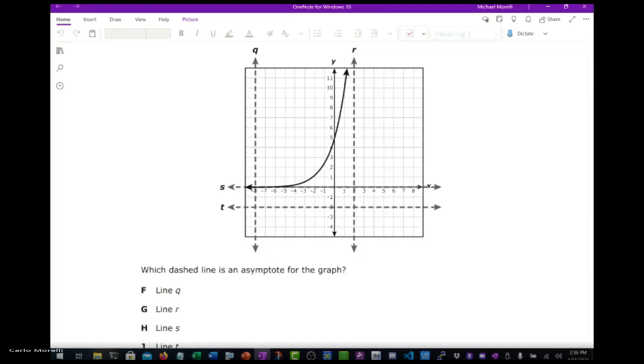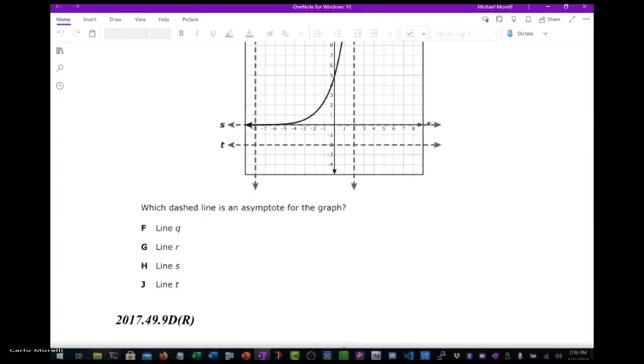Because you can see that eventually that line is going to go through R. T has nothing to do with the picture, and Q has nothing to do with the picture. So you knew it was either S or R, and S is the one that it hugs. So think about which one is it hugging. That's the asymptote. Asymptotes can be vertical or horizontal, but this one's a horizontal asymptote, okay? So it's H.